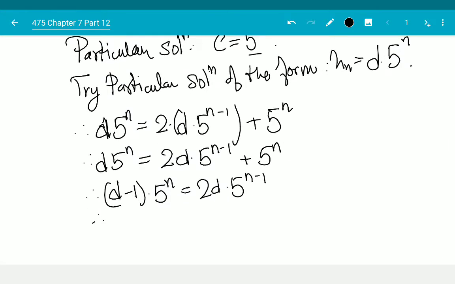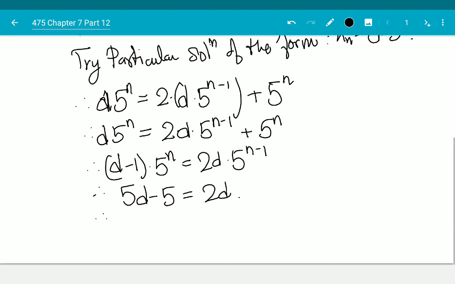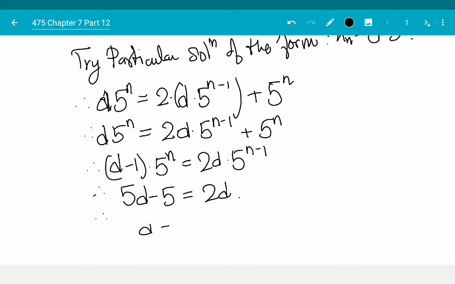Therefore, if I solve things around, dividing by 5, 5d minus 5 is equal to 2d. And solving things, I get d is equal to 5 over 3.